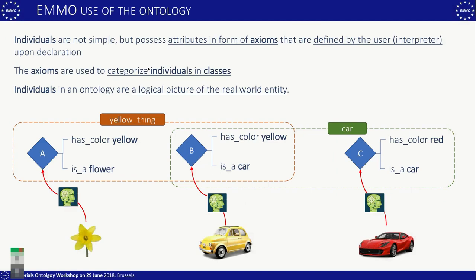So how to use the ontology? The individuals are not simple. They can be, of course, a simple sign, for example, a letter that stands for the flower. But individuals in an ontology are not so simple. You can attach to each individual attributes in the form of actions that are defined by the user upon declaration.